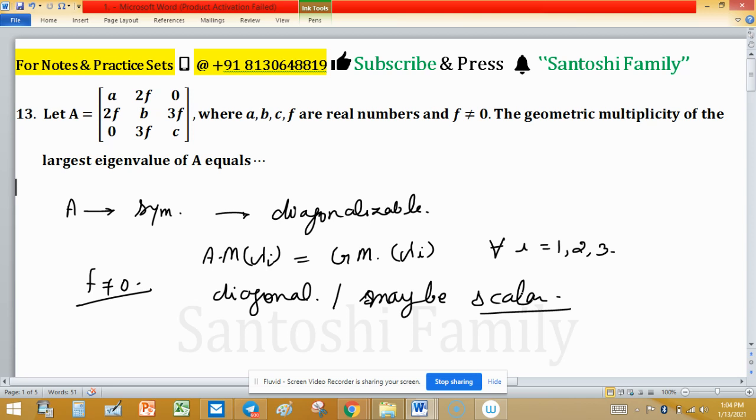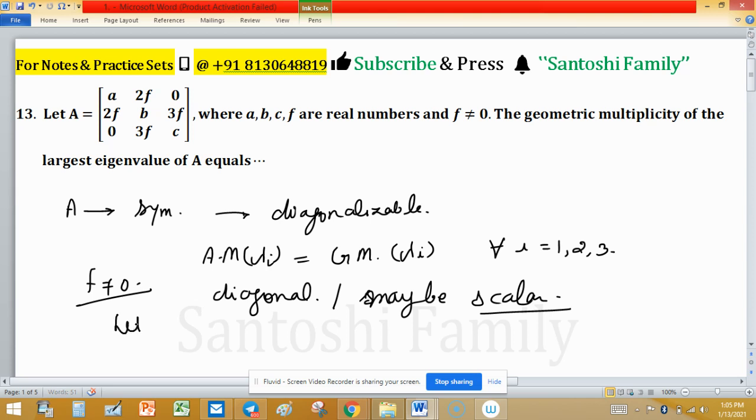But f is non-zero here, so the matrix is somehow different from that one, but it may be reduced to a diagonalizable form or diagonal matrix.